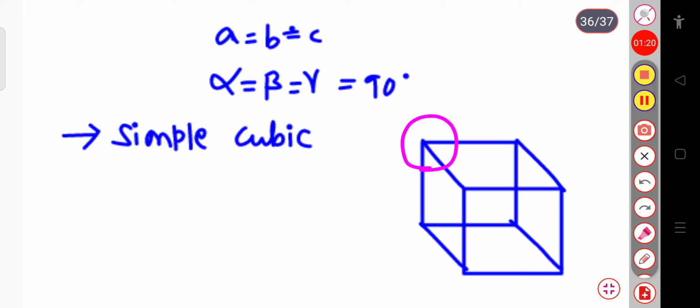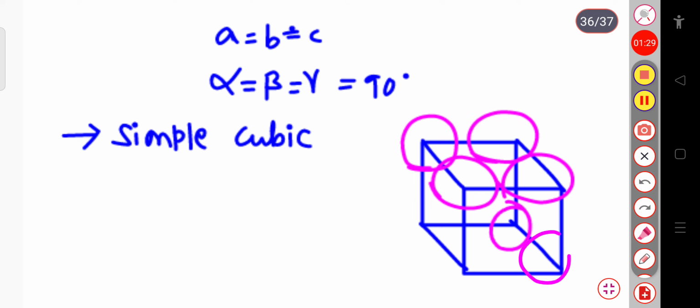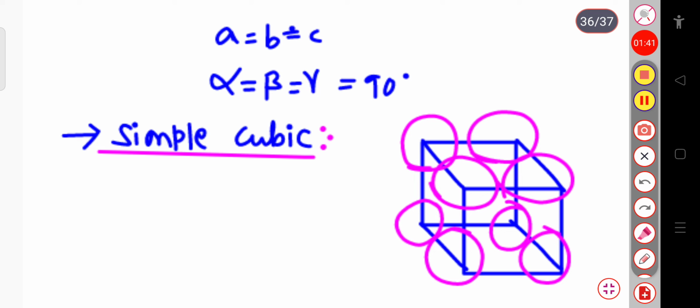Here there are 8 corners, so 8 atoms are present.